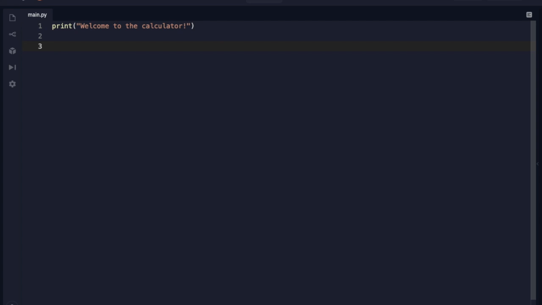And we're going to make two new lines, and we are going to make some user input called operation, which is going to be equal to input, and it's going to say "Enter which operation you want to do." So we're going to do plus, minus, times, divided by, and we're also going to do square root.